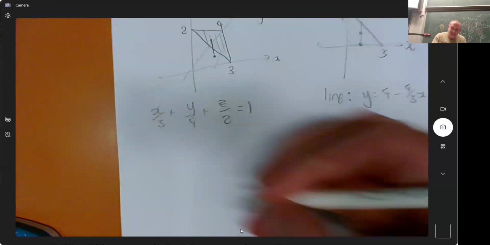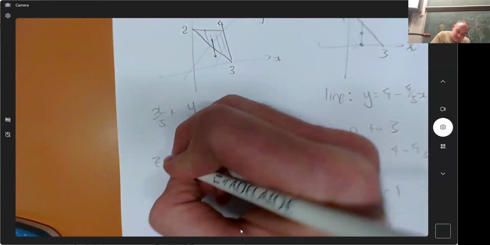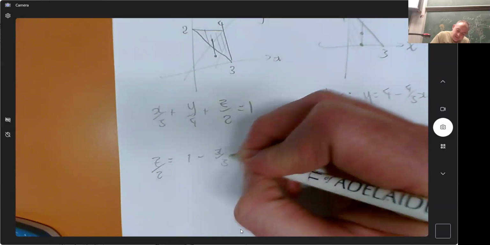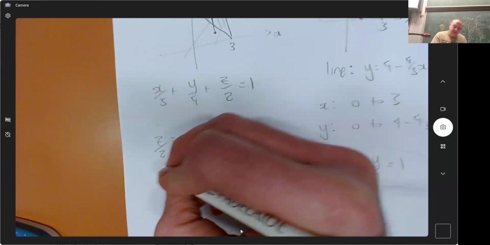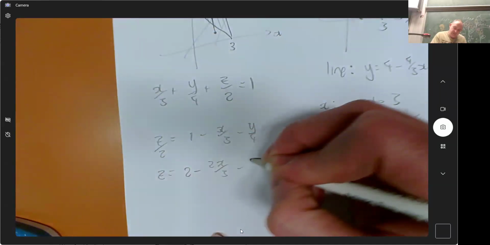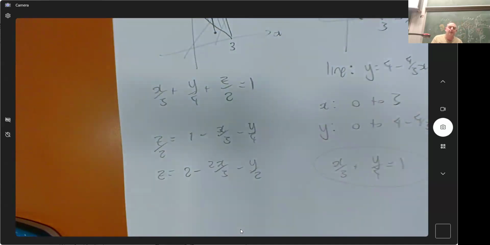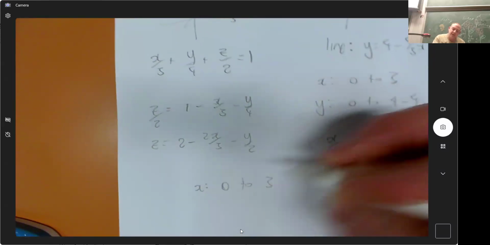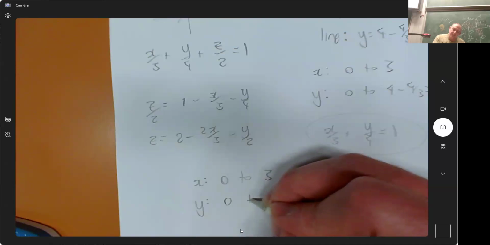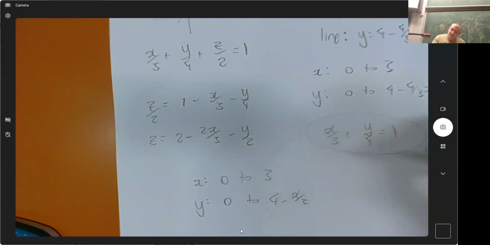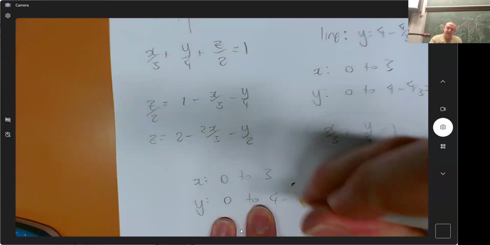And so that means that z is in fact 1 minus x on 3 minus y on 4. And so that means that z is 2 minus 2x on 3 minus y on 2. And so the points on this thing, the x's can be chosen from 0 to 3. The y's are chosen from 0 to 4 minus 4/3 of x.